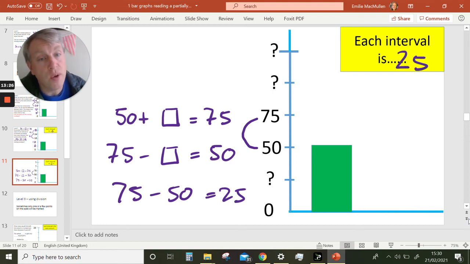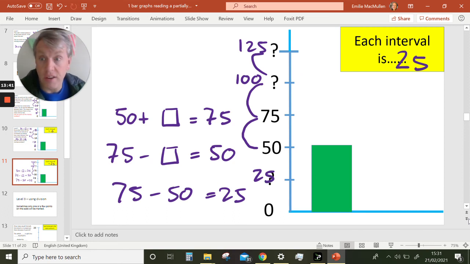Each interval is 25. You can count up in 25s. You remember? 75, 100, 125. The 25 times table, if you like.